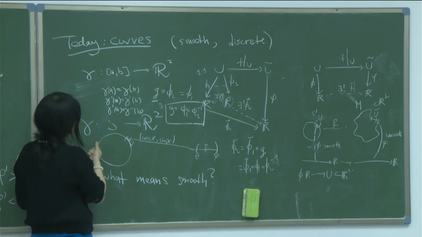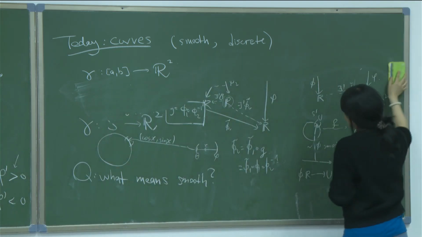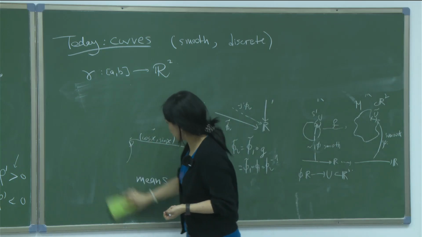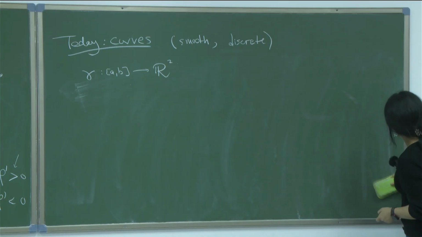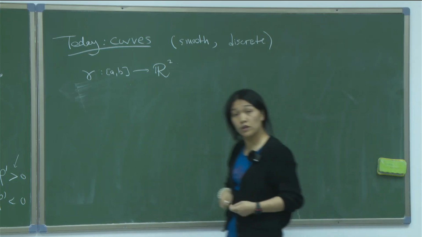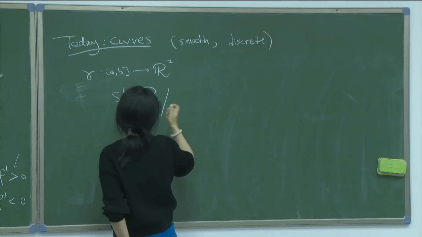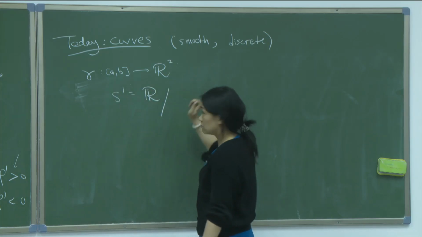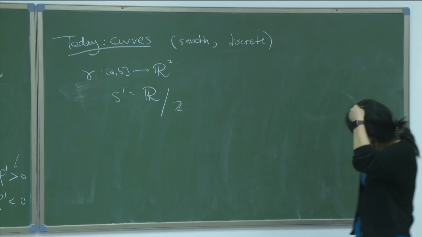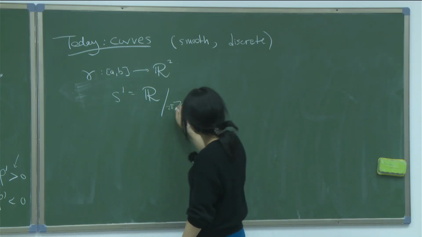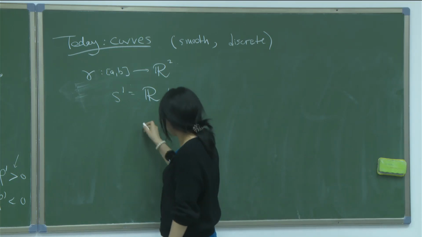And the difference basically is the following. You can consider S1 to be R mod, whatever you like, 2 pi Z. So now, what can you write?